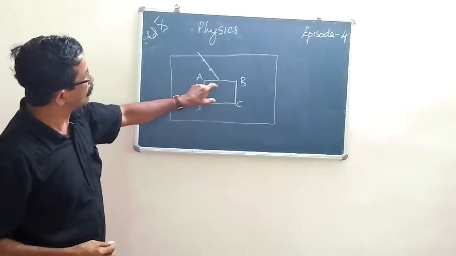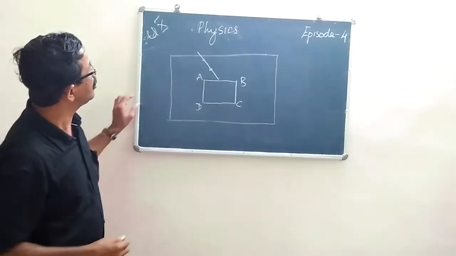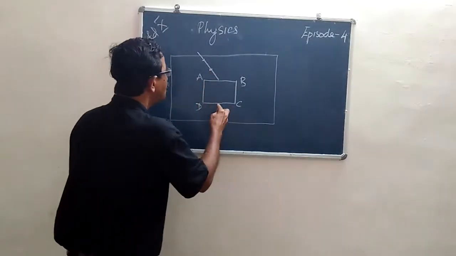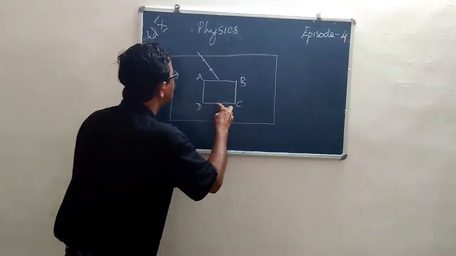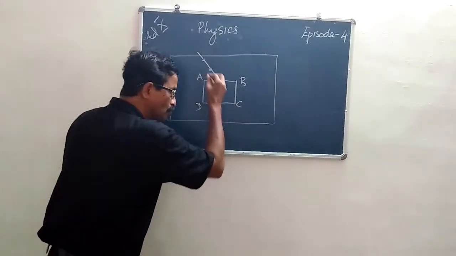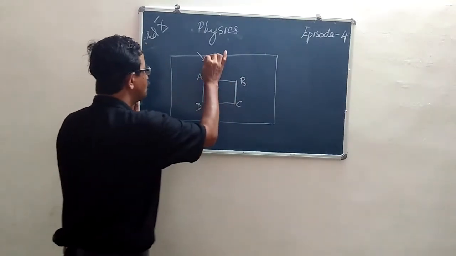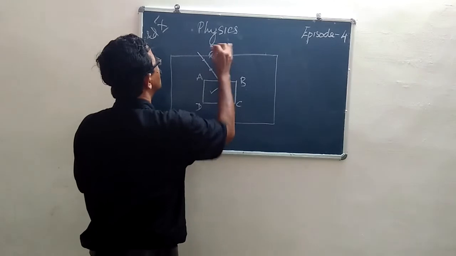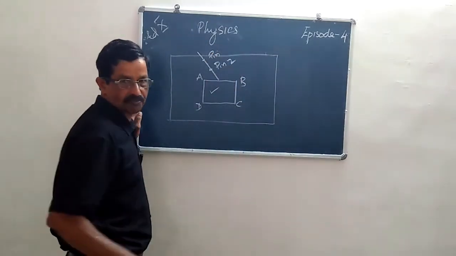Then again place this glass slab over this marking. Looking from the other side of the glass slab, again fix two more pins. Now you can see here is the glass slab, and here two pins we fixed. Here one pin, here pin two. These two are in a line.